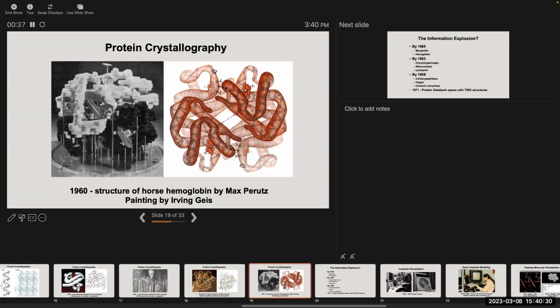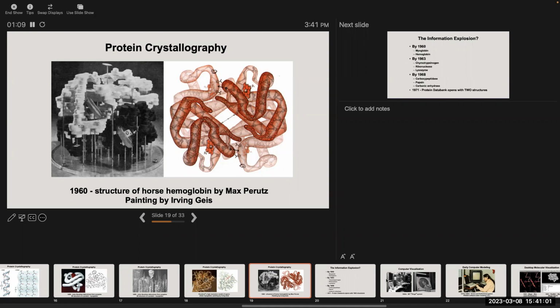It took Perutz a couple years longer to solve the 3D structure of horse hemoglobin because it's basically 4 myoglobin molecules stuck together. So it's basically 4 times as complicated as myoglobin. It's 4 roughly identical protein chains being held together in a tertiary structure. The picture on the left is another one of these low resolution models.